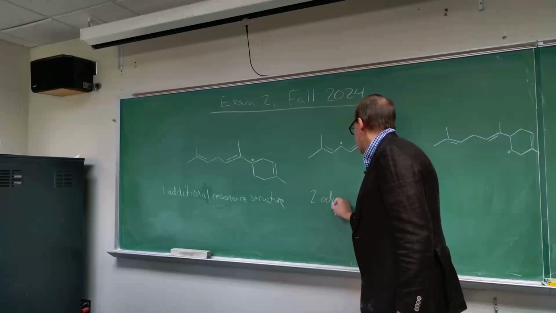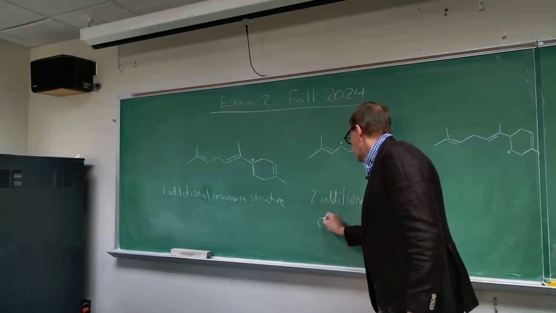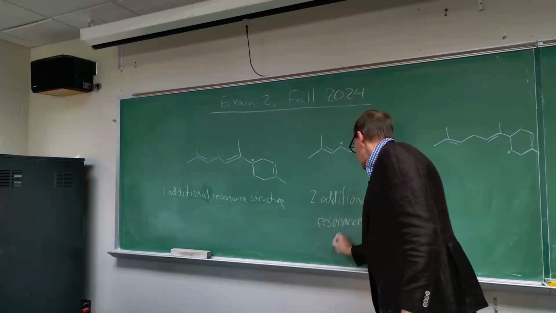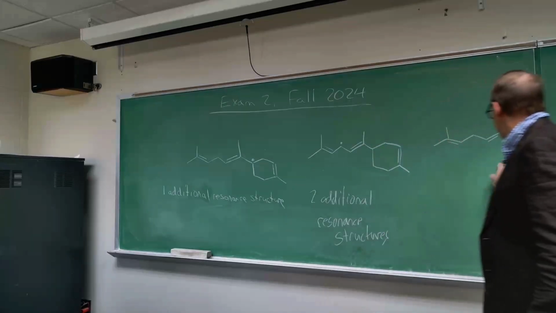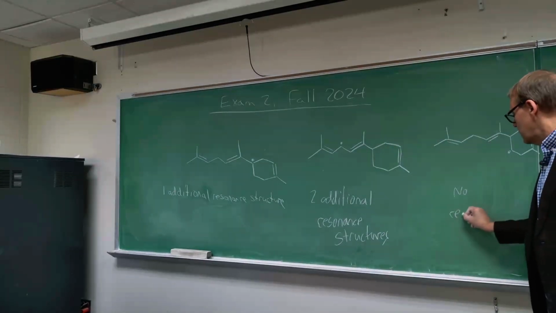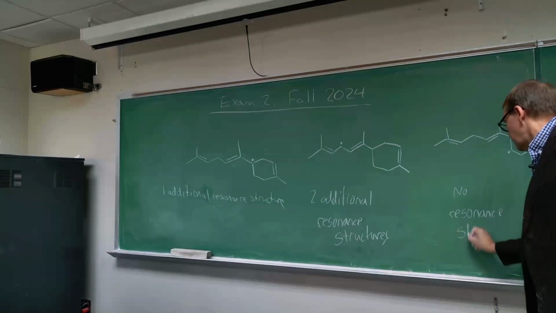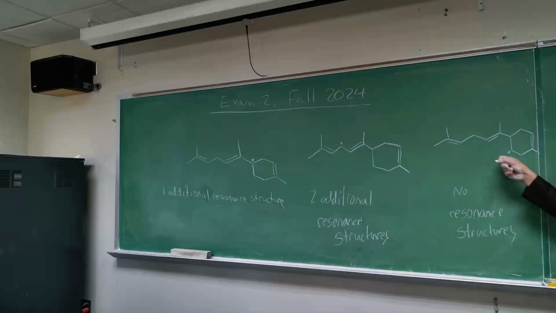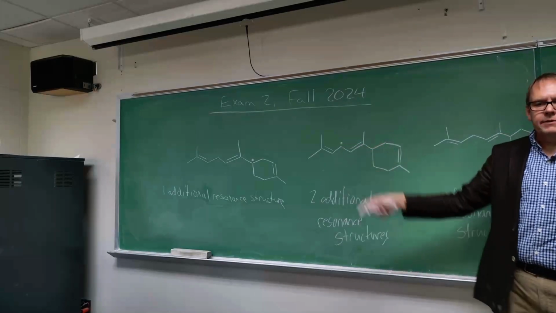Two additional resonance structures. And for this one over here, there are no resonance structures. So this one is the least stable, that one's the most stable, and the one over there on the left is kind of in the middle.